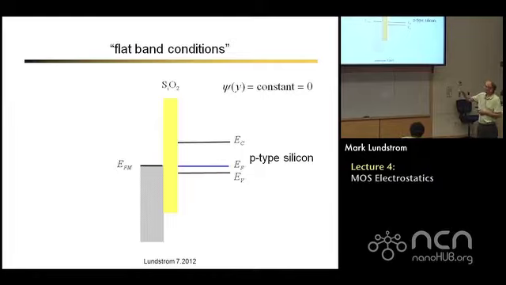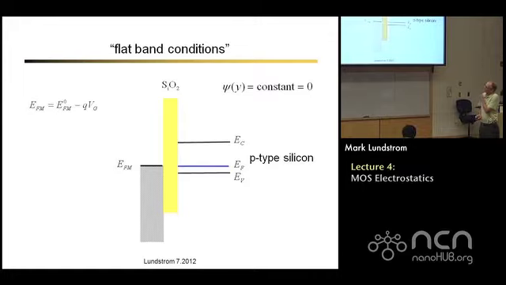And I would have these flat band conditions, and that would be a nice starting point. Now that'll never happen, right? The work function of the metal will be different than the work function of the semiconductor. But all we'll have to do is add a little correction at the end, a work function difference. So conceptually, this is an easier way to do it.